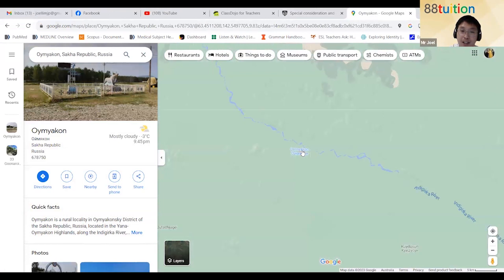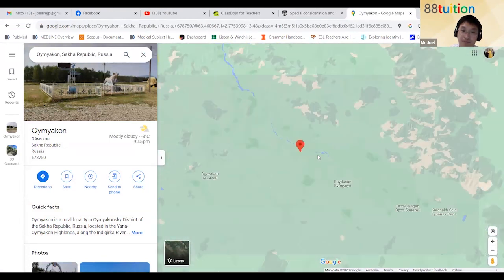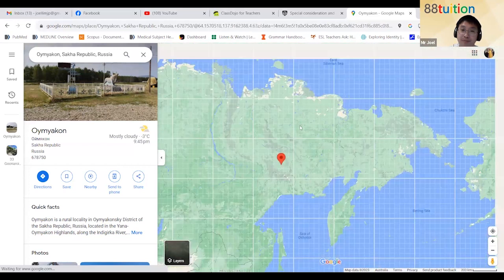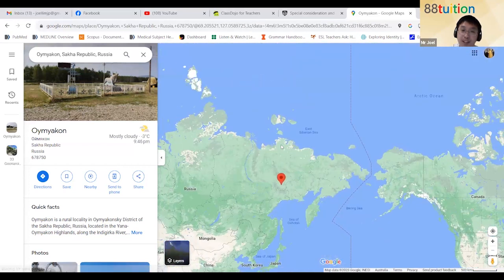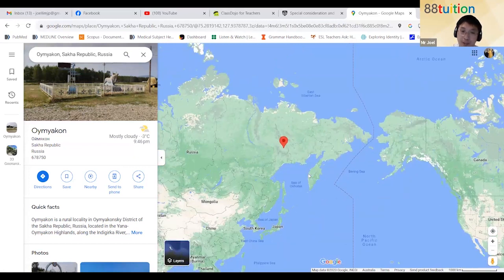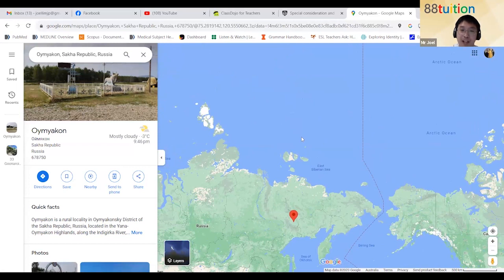All right, it's so inaccessible. There's only like a small path that leads up to it. Okay, that's the town of Oymyakon, and it's actually closer to the Arctic Circle at the top than it is to the closest city. That's how isolated the whole town is.